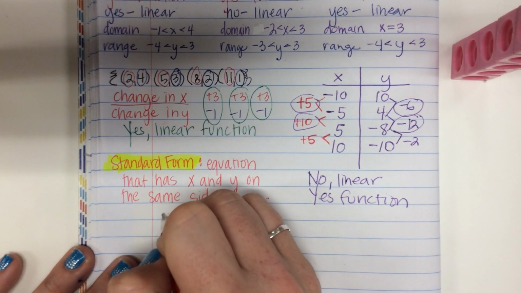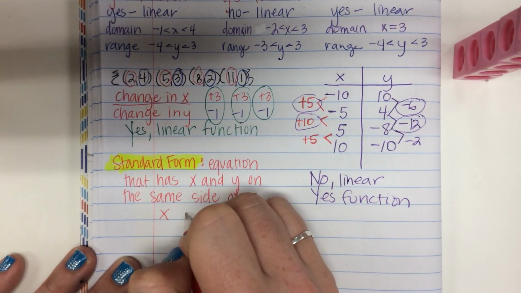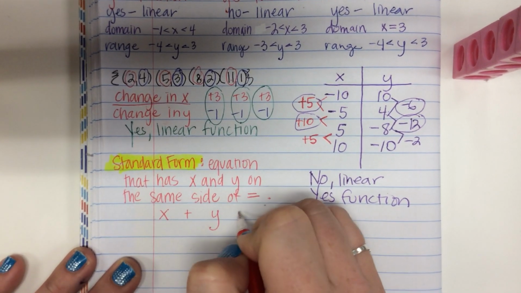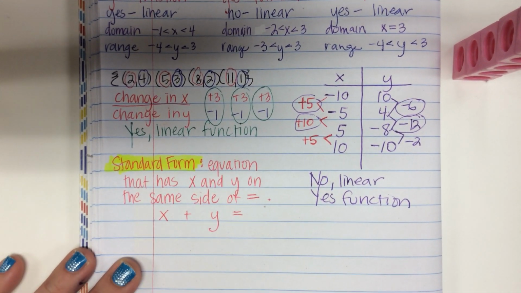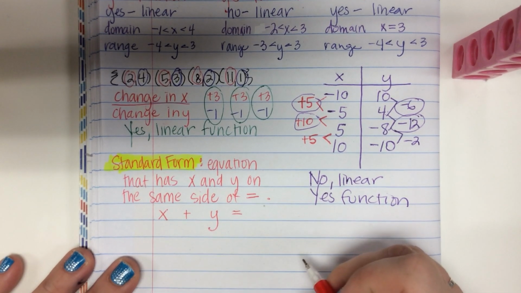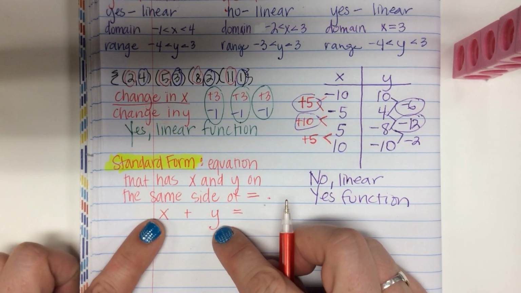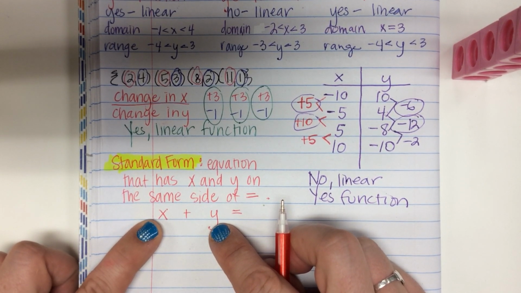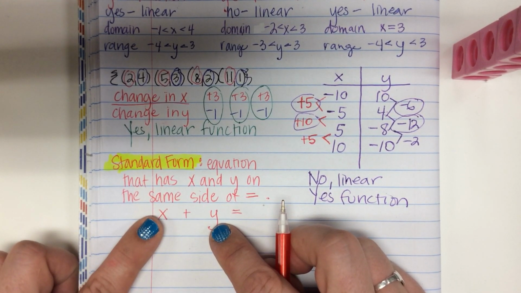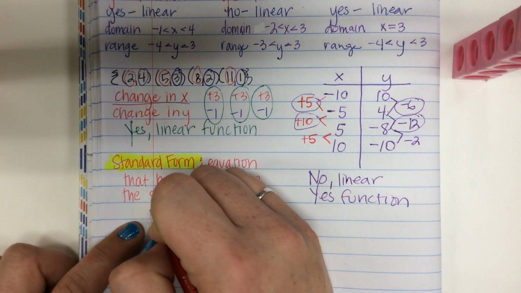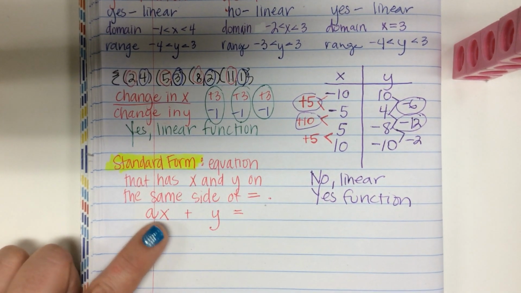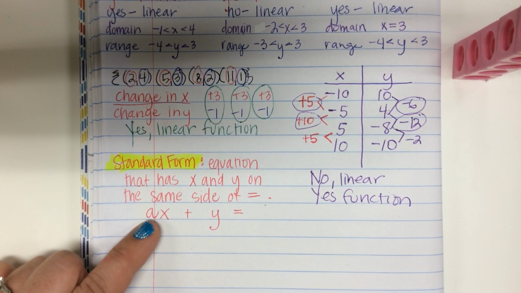So standard form would look like this: x plus y equals. Now, of course, there are usually coefficients in front of x. It's usually like 3x. So this is called ax, because that's just the coefficient.